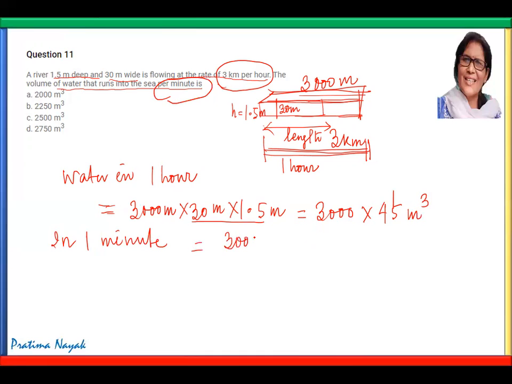So 3000 into 45 divided by 60. Because 1 hour is 60 minutes, so it will be 50. Now we can multiply. 5 times 5 is 25, carry 2, 5 for the 20, 22. So 2250 meter cube of water will flow.